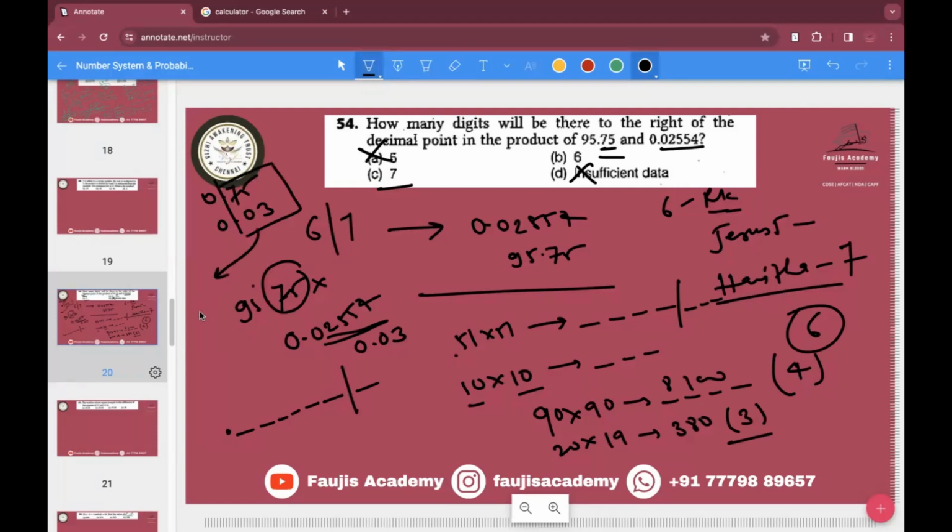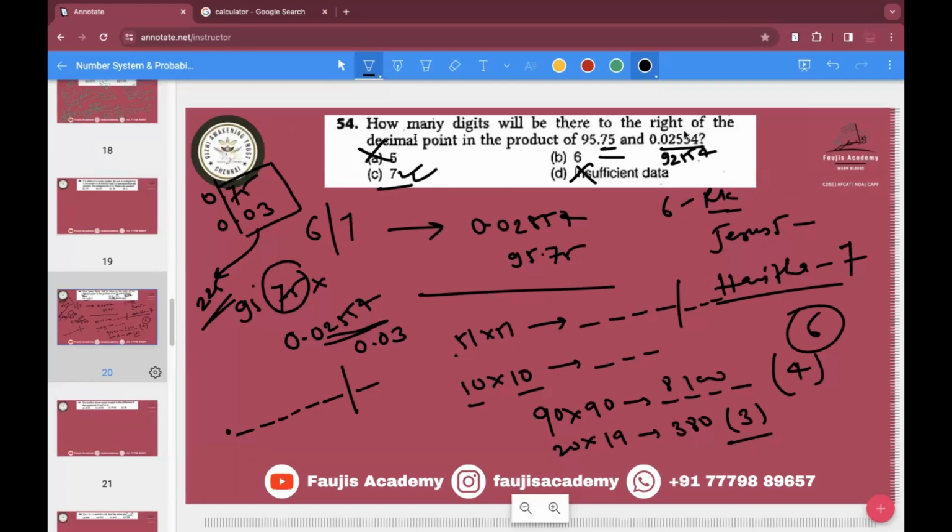It is giving 3 digits only, no? Boys, girls, are you with me? Had this number been 0.92554, your answer would have been 7.